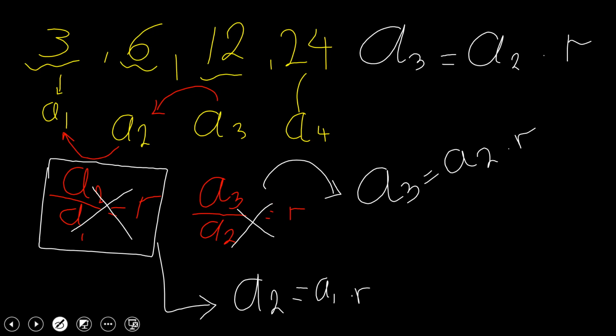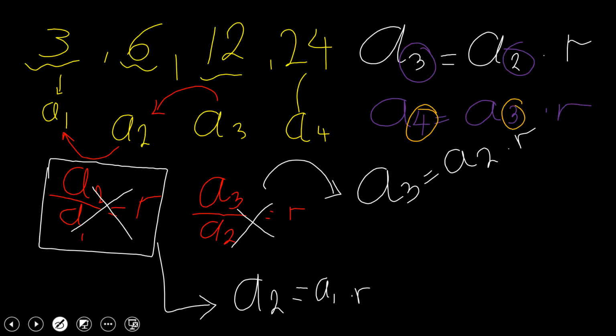That means for a sub 3, I need a sub 2 times r. And also, if I say a sub 4, I need a sub 3 times r. If I want to find a sub 4, I use the previous term times r.